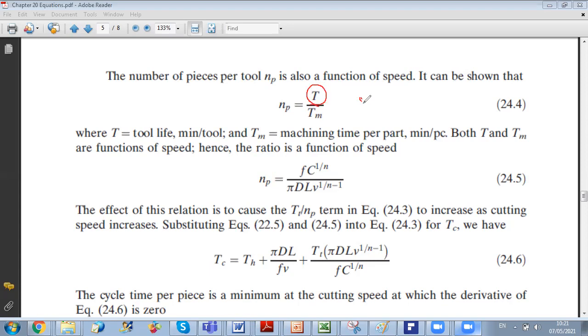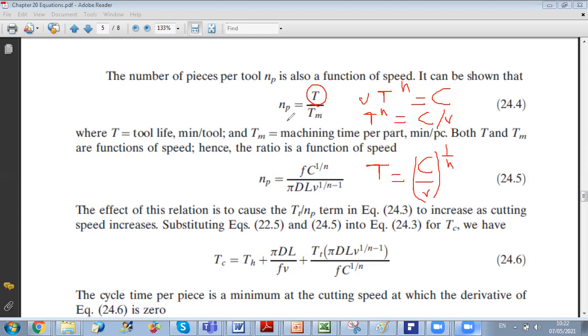So you have V times T to the power n equal to a constant C. So you can write that T to the power n is equal to C over V. And then you can deduce that T can be written as C over V to the power 1 over n. So we can replace the tool life by C to the power 1 over n over V to the power 1 over n.